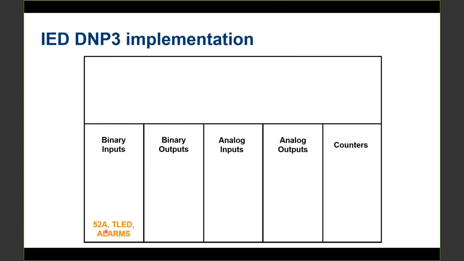The breaker status 52A, for example, we can send using the binary inputs object. LEDs, latch functions, SVs, protection alarms, all these Boolean variables can be sent by the binary inputs. And on the binary outputs, we can send the controls, so open or close the breaker.